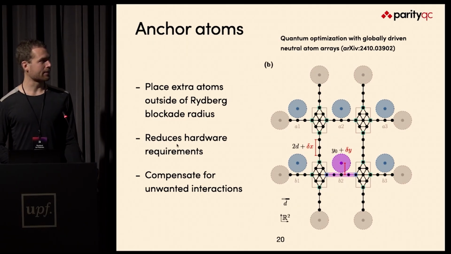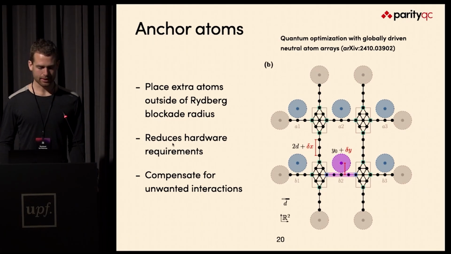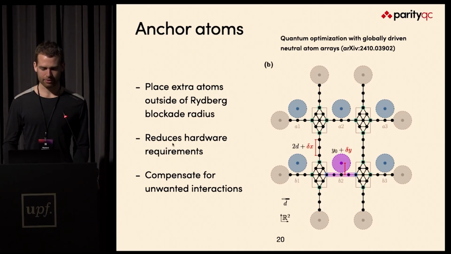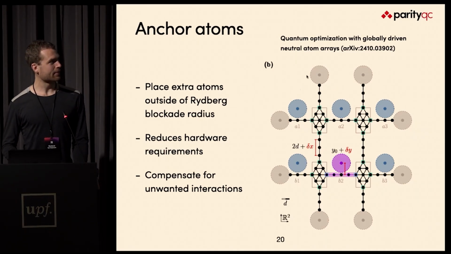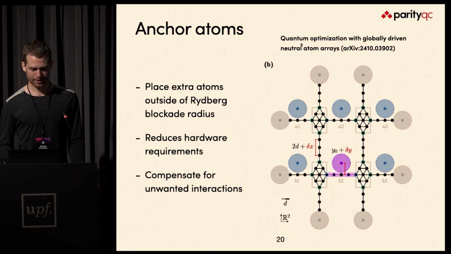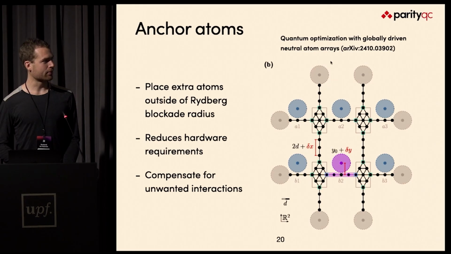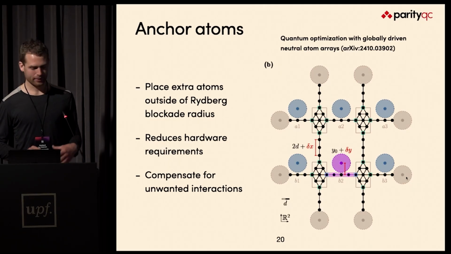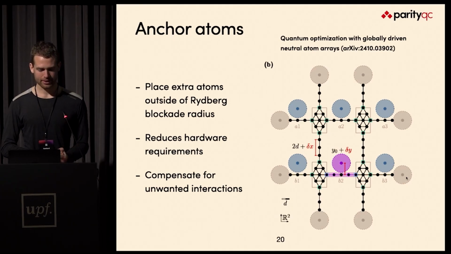But you can also do something else which is very interesting, which is reduce the hardware requirements. If you are smart about this placement, and all the details are in this paper, quantum optimization with globally driven neutral atom arrays, you can also add these anchors here. So these are also additional qubits that are outside of the blockade radius.